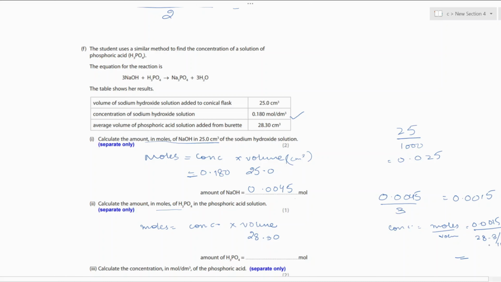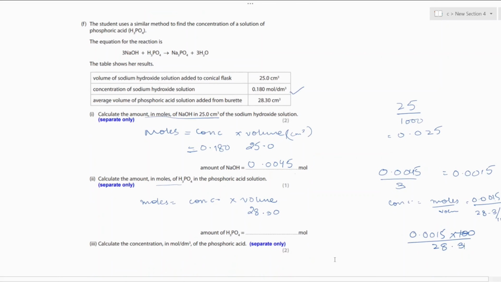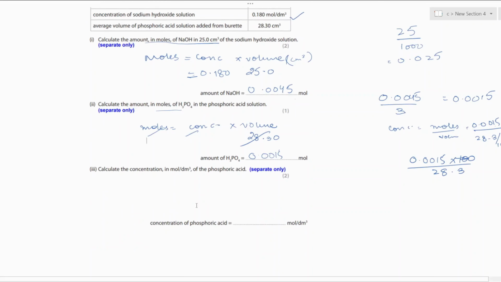Can you please divide and tell me? 0.0015 multiplied by 1000, divided by 28.3, gives 0.053. So it would be 0.053, the concentration here.